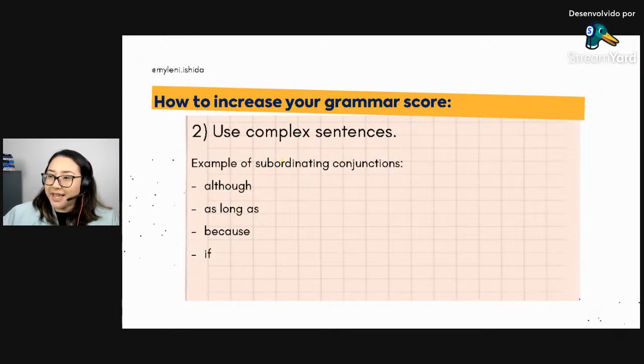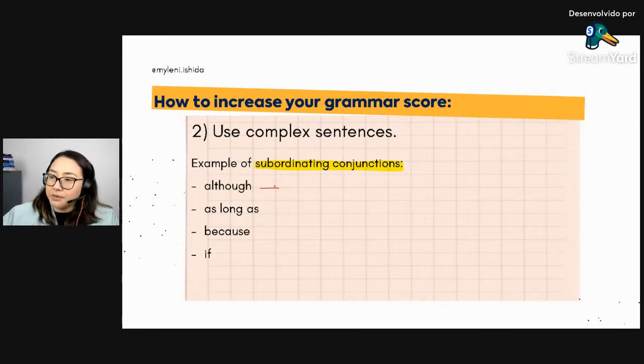My students have a grammar class of linking words, and I guide them to study the linking words, because when you study the linking words, your grammar score will increase. For example, these words: although, as long as, because, and if. They are just examples, but there are many linking words. They are subordinating, and that will help you to increase your score.